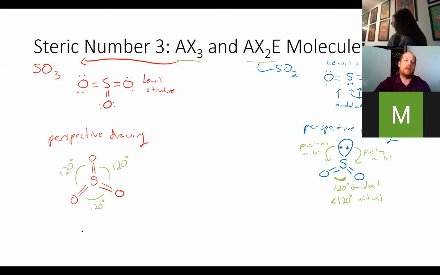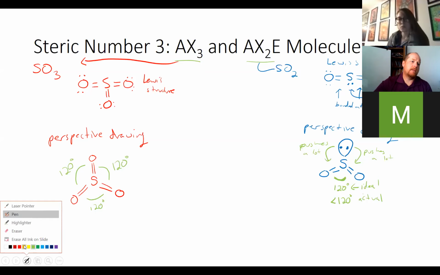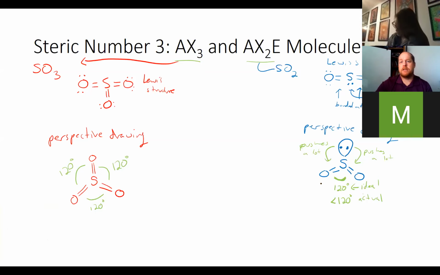This particular molecule, I actually haven't gotten into the shapes here, but when we look at the electron geometry versus the shape, the electron geometry for both of these is going to be trigonal planar, okay?